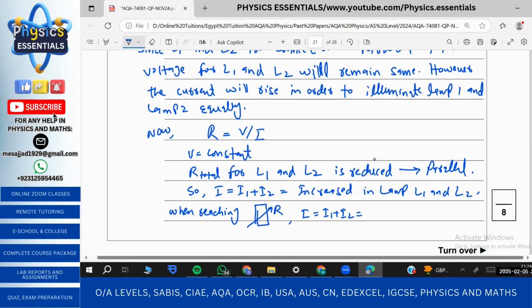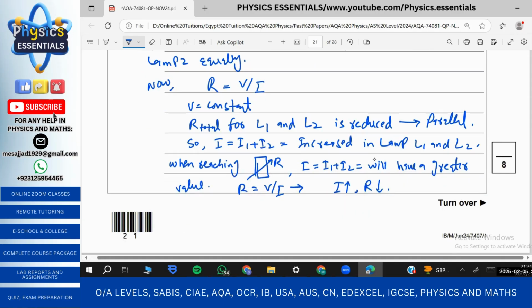It will have a greater value, right? So R equals V over I means I increased, so R decreased, right? Therefore, R must decrease. And which R? This R, okay?